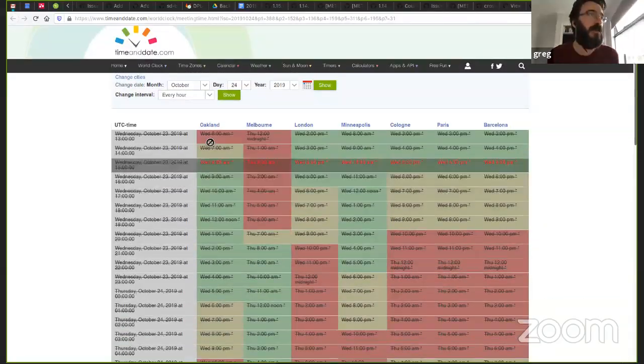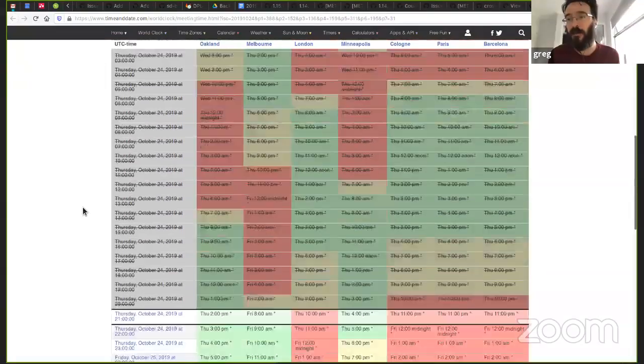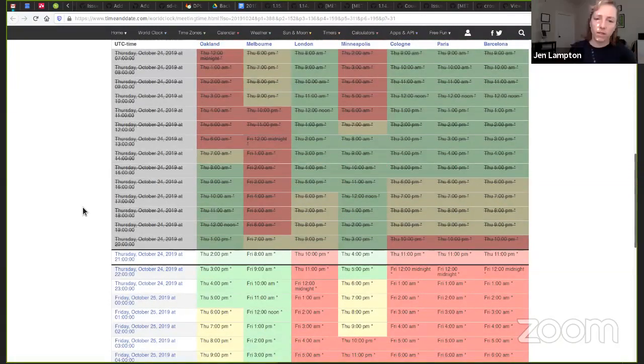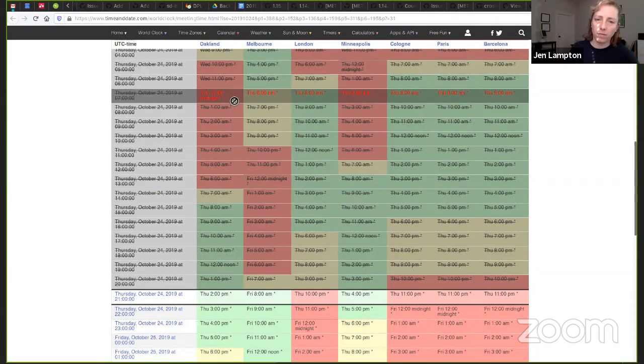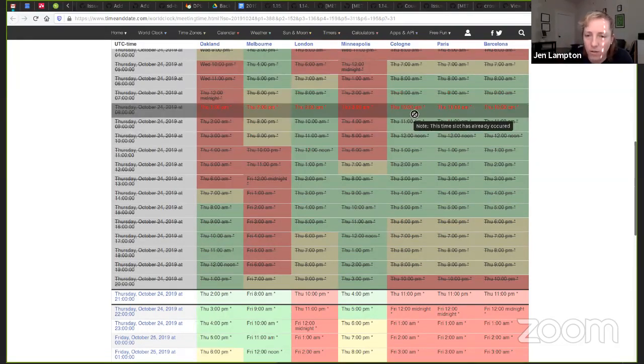And since more people are requesting it and we have more people joining the community, I would love it if we could make the two meetings sort of be completely opposite times. So if the one we're doing now, this Thursday at 1 p.m., works for Oakland, Minneapolis, and sort of Melbourne, maybe we could get the other one to do all of Europe and Melbourne at a better time.